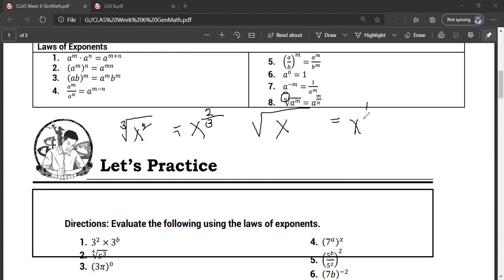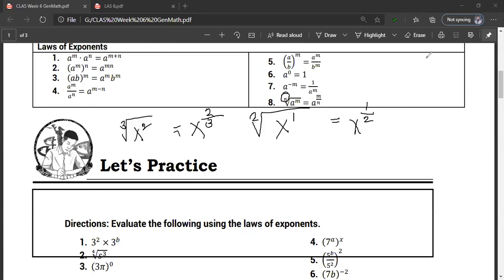Ngayon, ano ang index kapag wala tayong nakikitang number sa radical sign? 2, sir. Okay, 2. Bakit 2? Kasi square root nga, di ba? Pag squared, square root, 2 yun siya. Okay, very good. So yun nga, may imaginary na number 2 dito, at dito may imaginary na number 1. So kapag meron tayong square root of x, meron tayong x raised to 1/2.